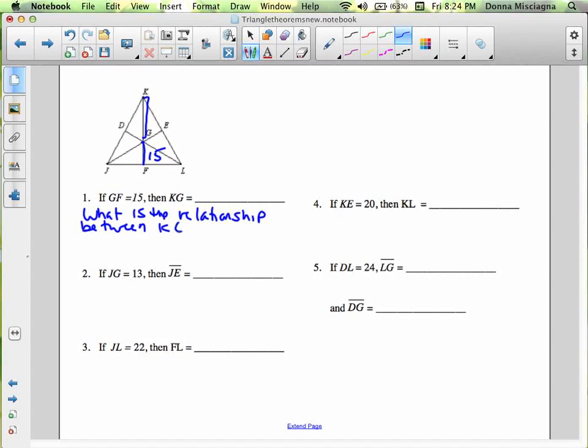Well, let's think about 1/3 and 2/3. Right? So KG is 2/3 of KF, the whole thing, KF. And GF is 1/3 of KF.